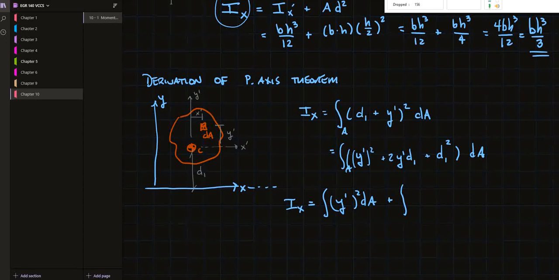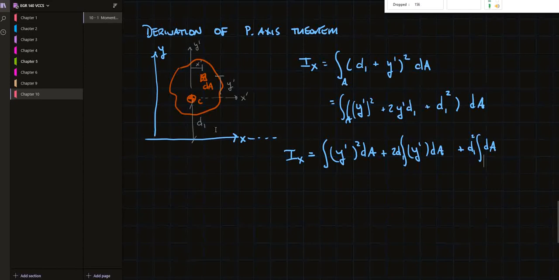We can actually, since I want to analyze this, pull out the 2d1 and make this y prime dA, plus the integral of, so we've got d1 squared outside times dA, the integral of dA.